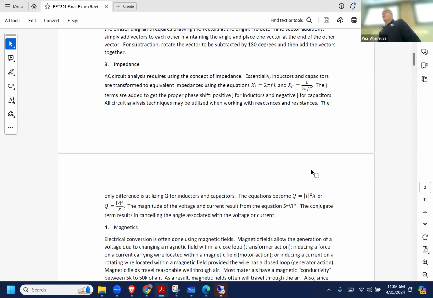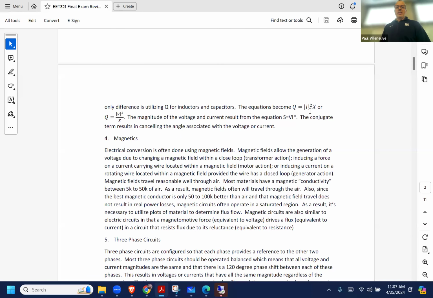So V squared over R, or I squared times R, was the real power. We could do the same thing for Q, just substitute X for R. But the highlight of this was, keep in mind that we have to use the magnitude of the current or the voltage.